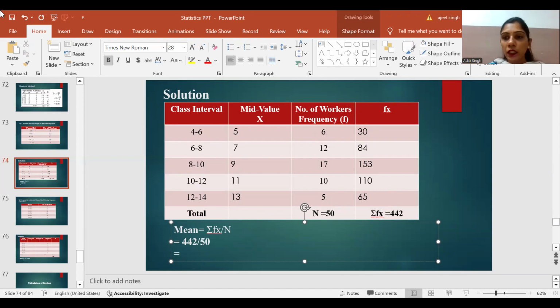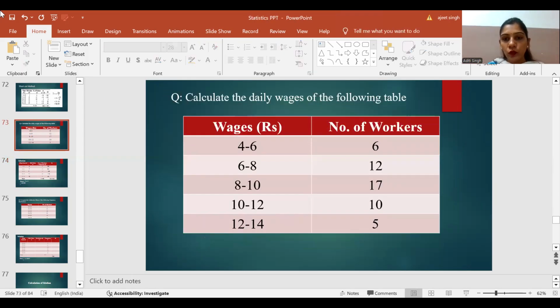What we are calculating is the daily wages, which are given in rupees.